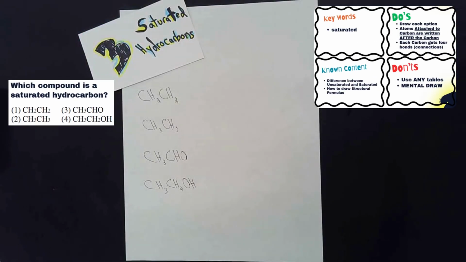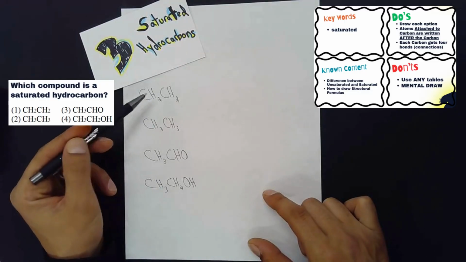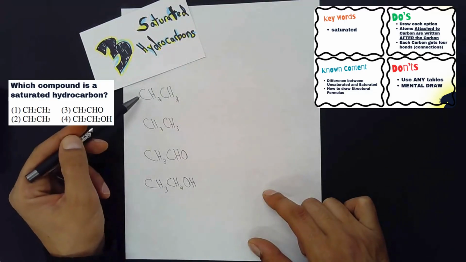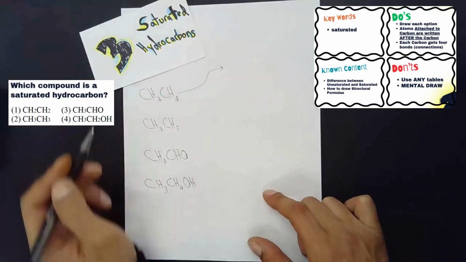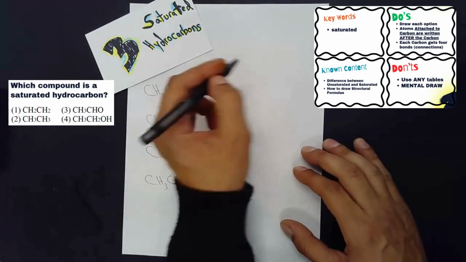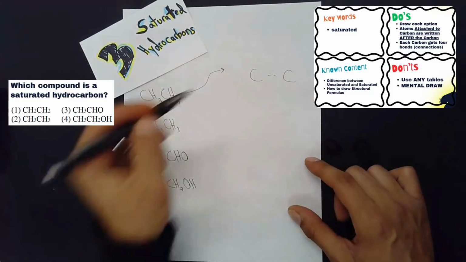Okay, in this question, we are looking for the saturated hydrocarbon. In order to do that, we have to draw out our condensed formulas. So we need to remember that the atoms that show up after the carbon are attached to that carbon. So this first one, when we're following our rules of drawing, we start with our chain of carbons.